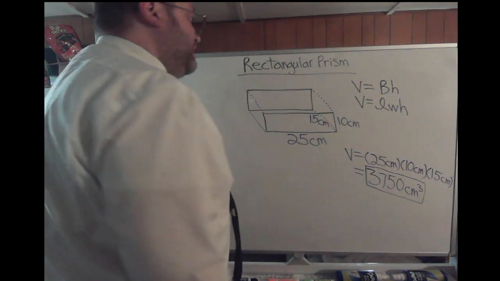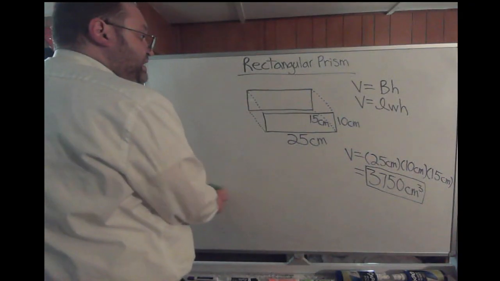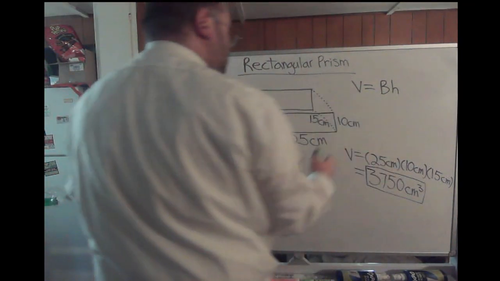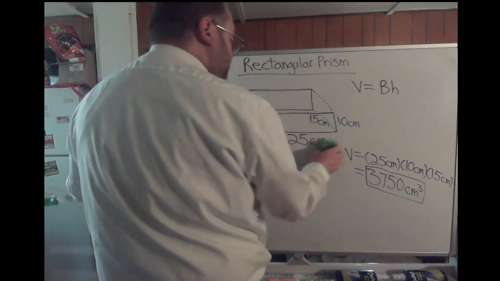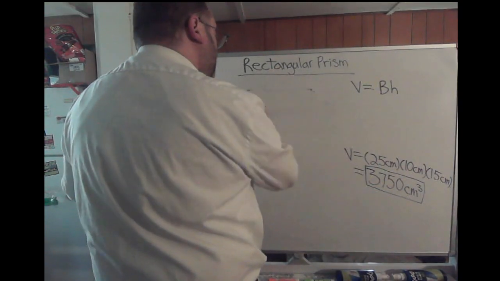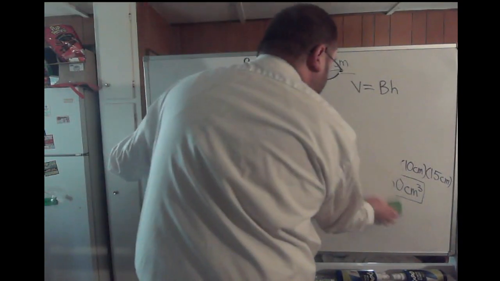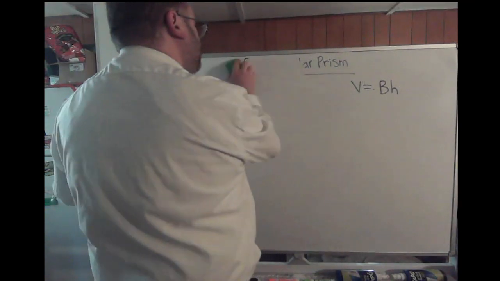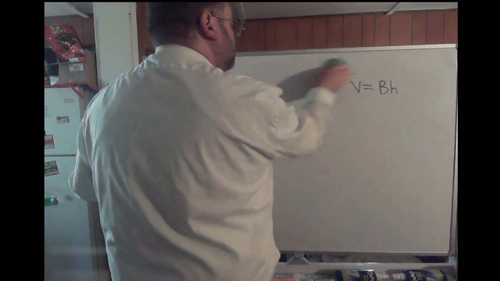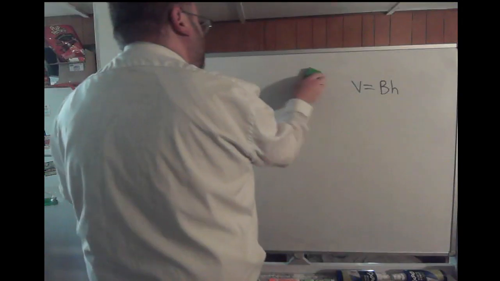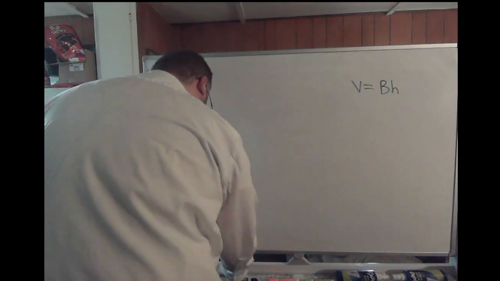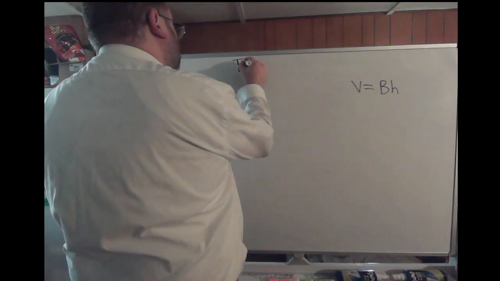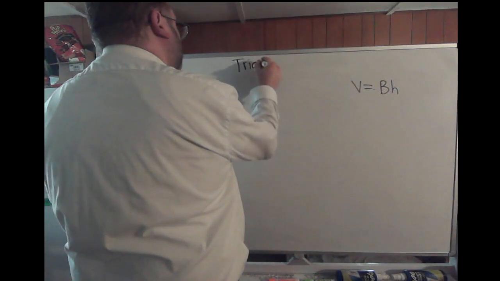So rectangular prisms are also pretty easy. You just got to take the length times the width times the height. Alright, let's get into a triangular prism.